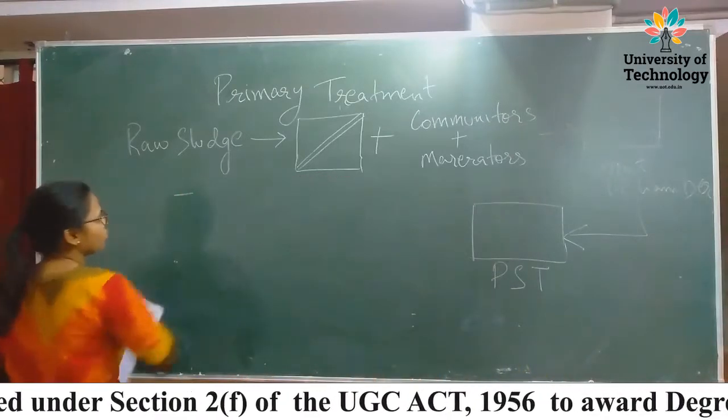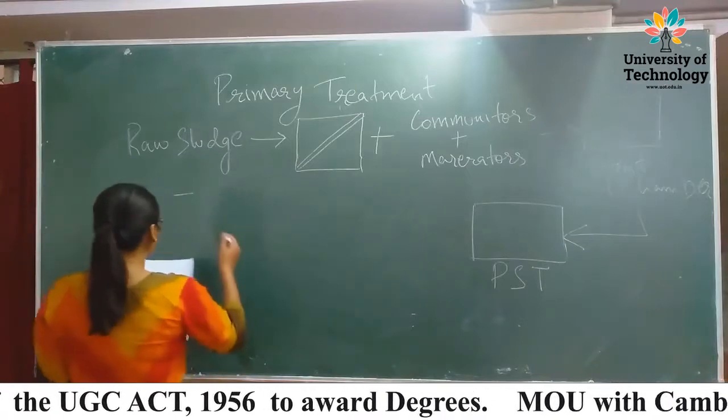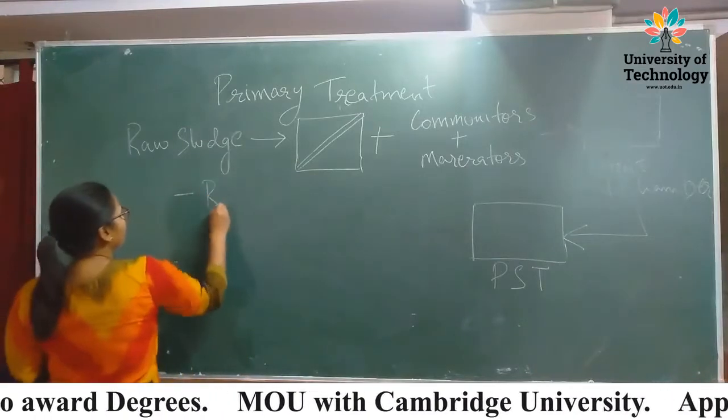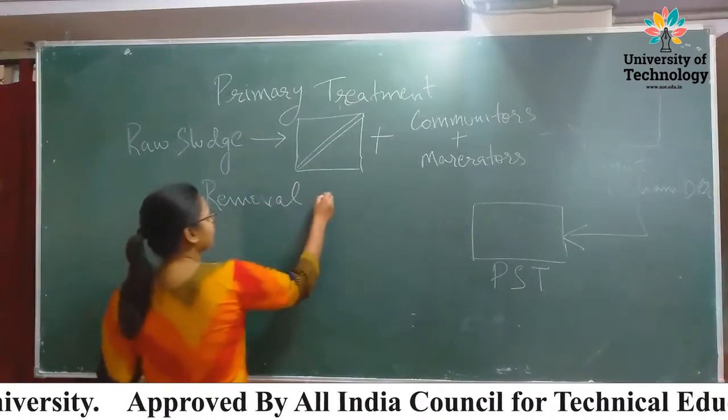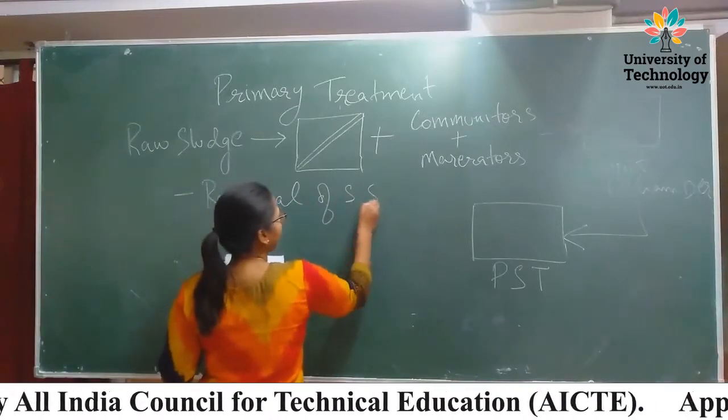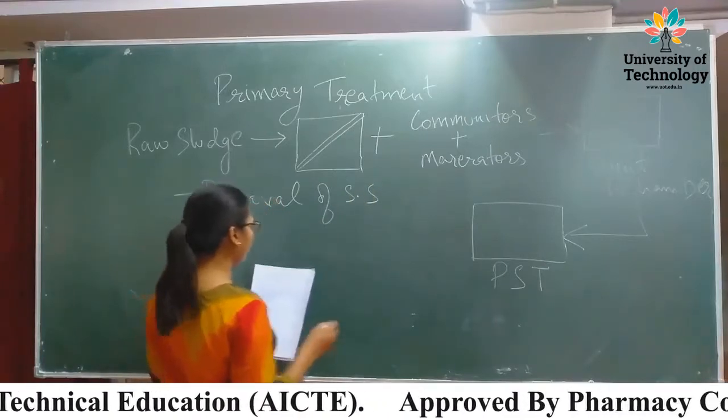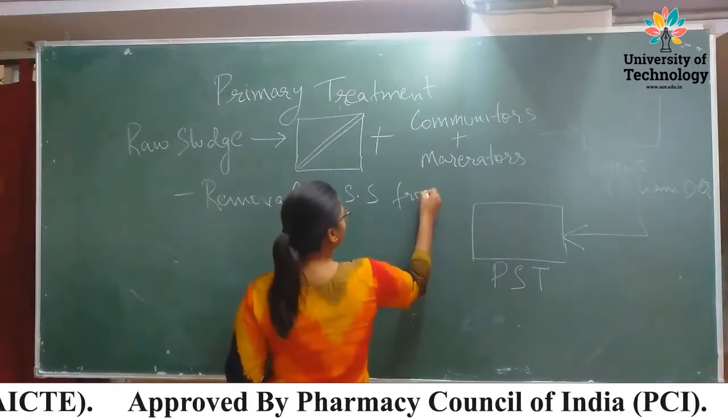Now, the main purpose of the primary treatment is to carry out the removal of suspended solids. SS is for suspended solids from the wastewater.